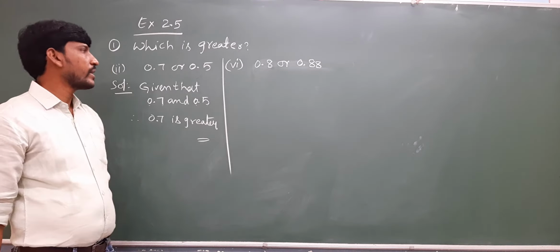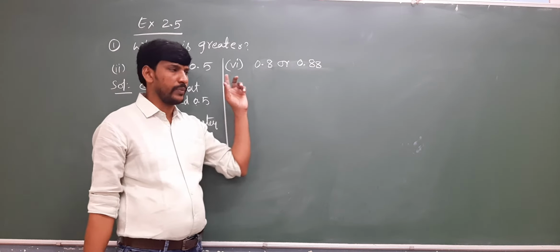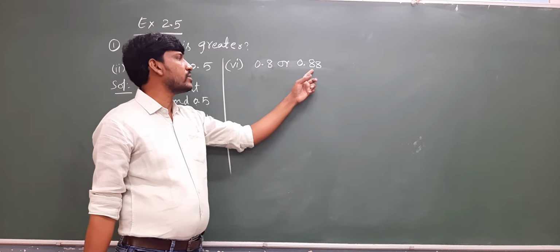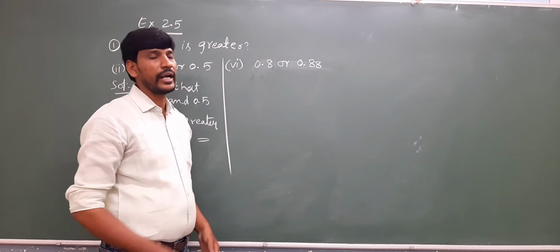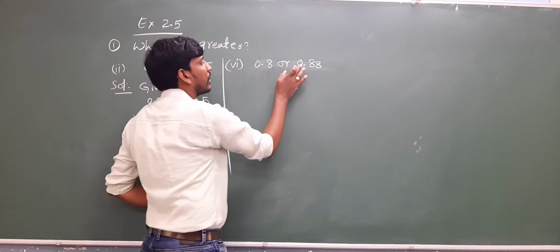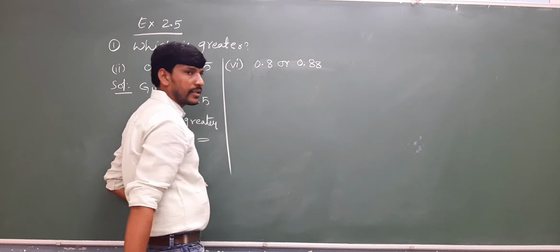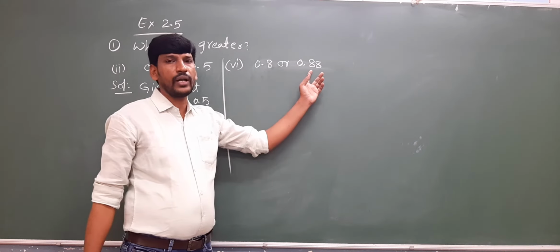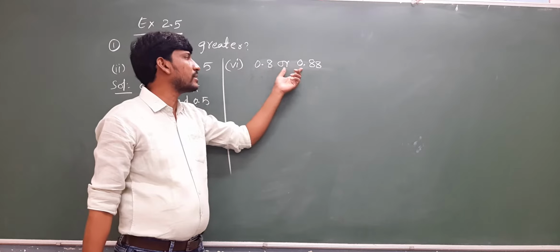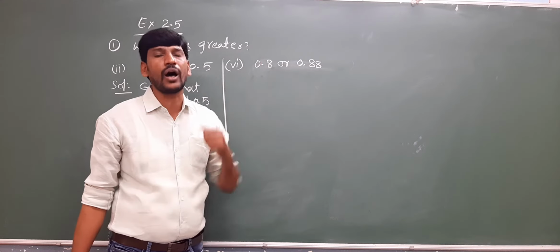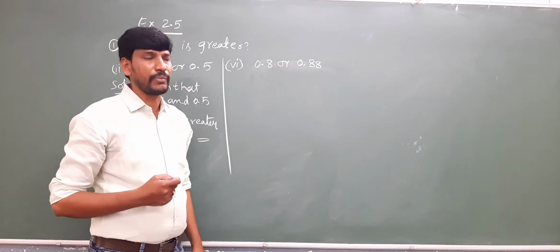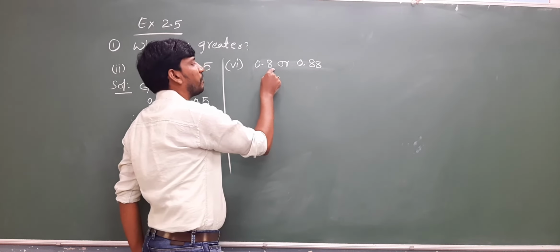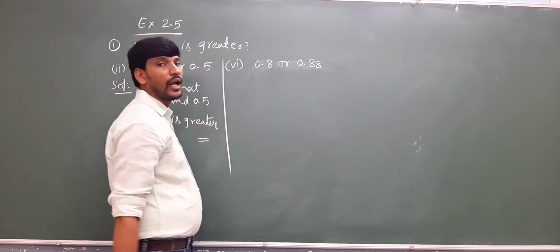I hope you understood how to compare this. Now coming to the sixth bit, the same question. Compare 0.8 or 0.88. Which is greater? To compare these two decimals, first of all, I need to check whether the given decimals are like decimals or not. Like decimals means after the decimal point the number of places must be equal.